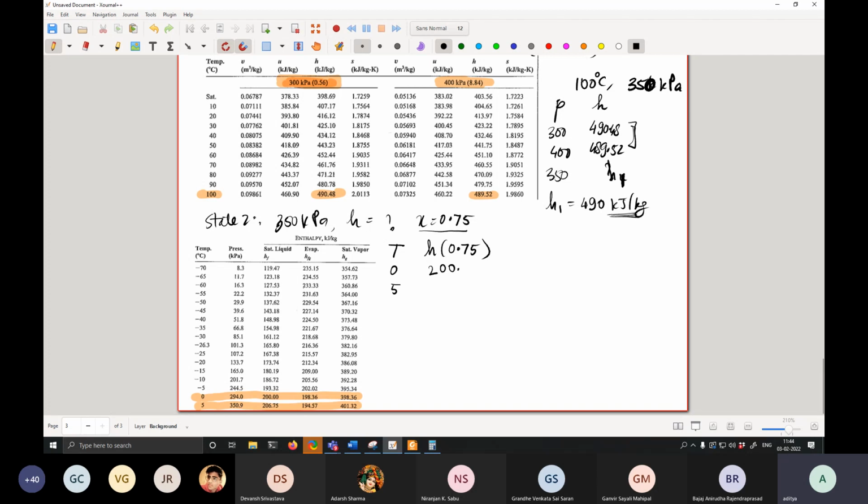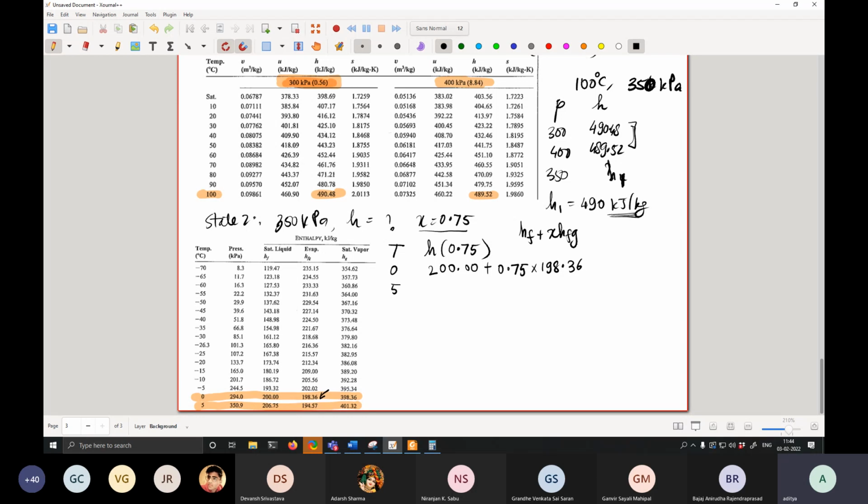I'm directly writing down the values, but when you look at the recording once again, you will easily understand whatever I'm doing. Plus 0.75 times hfg. What is hfg? 198.36. It's the same way in which we did the interpolations for specific volume and specific internal energy. It is hf plus x hfg, nothing else.